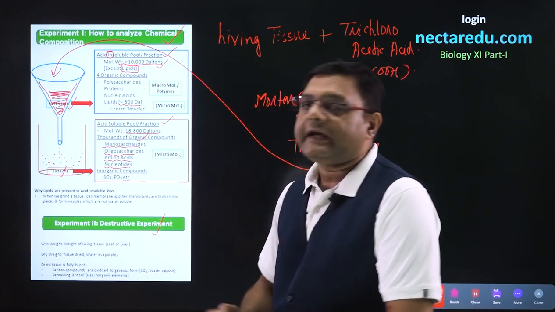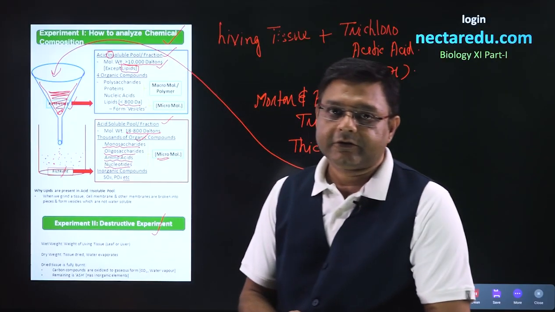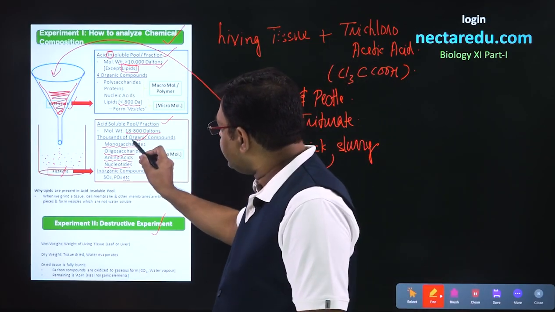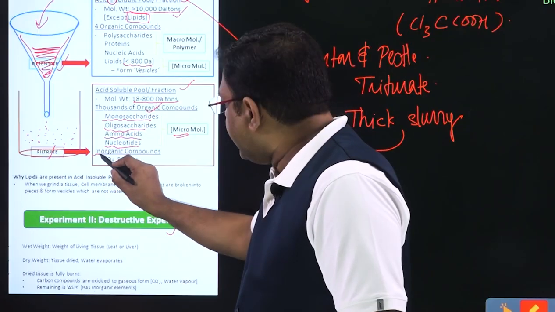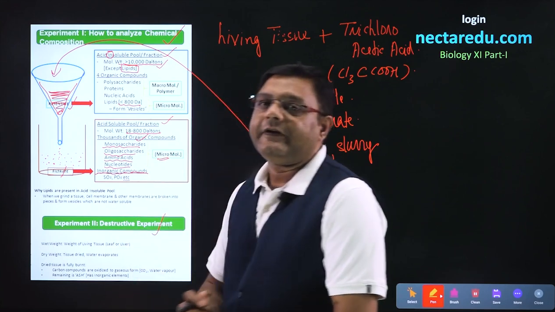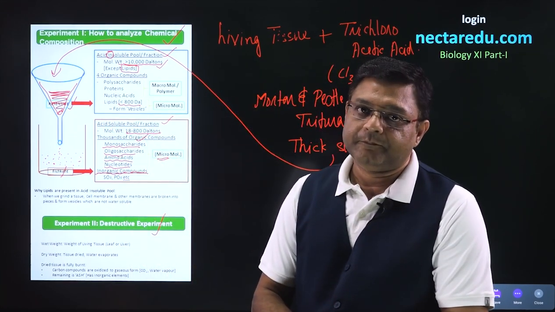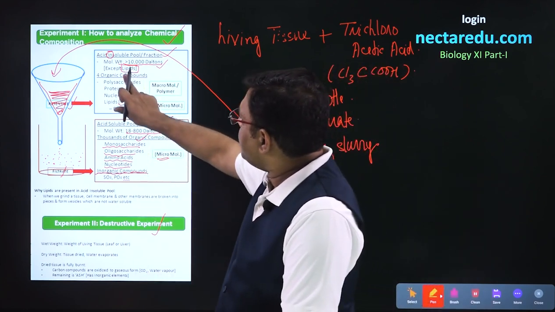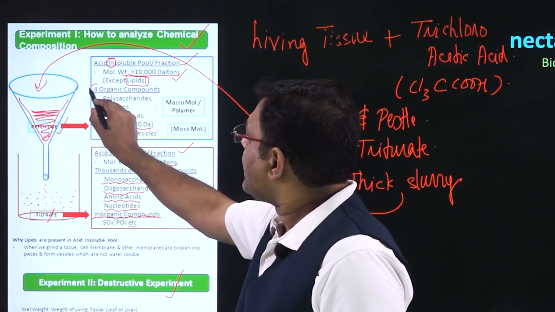Now these will be the small molecules, so we call these micromolecules. Apart from thousands of small organic compounds, inorganic compounds like sulfates and phosphates will also be present in the acid soluble pool.